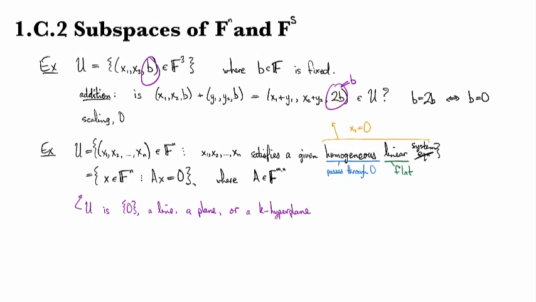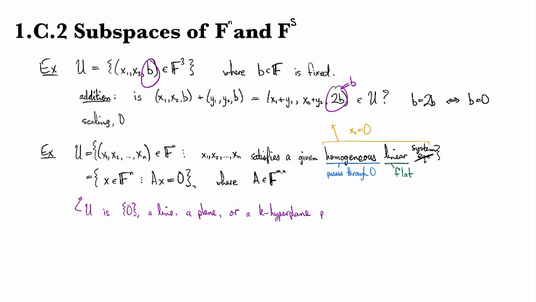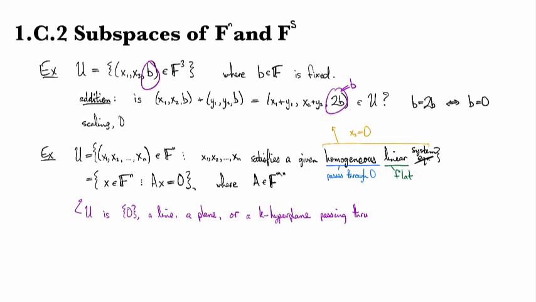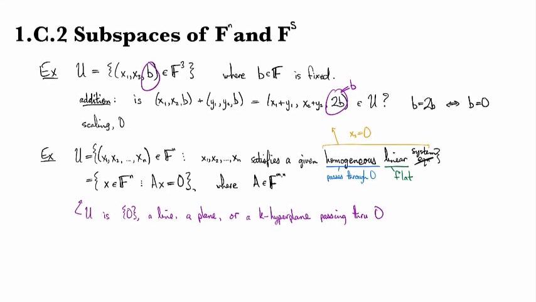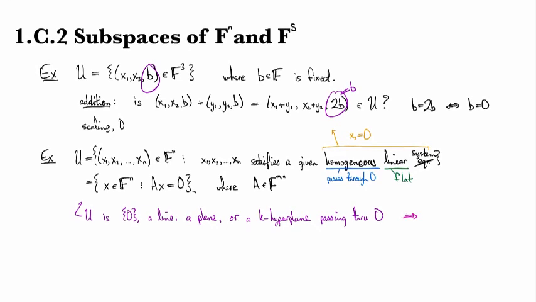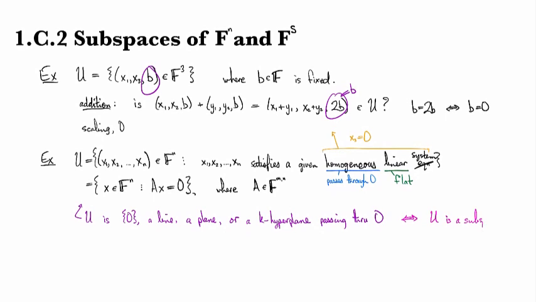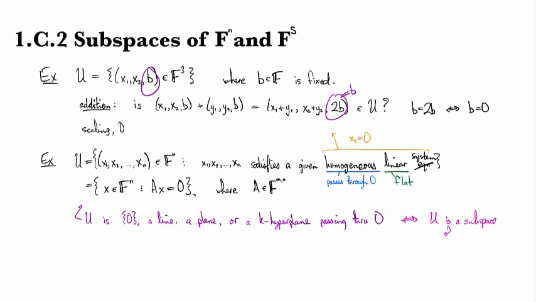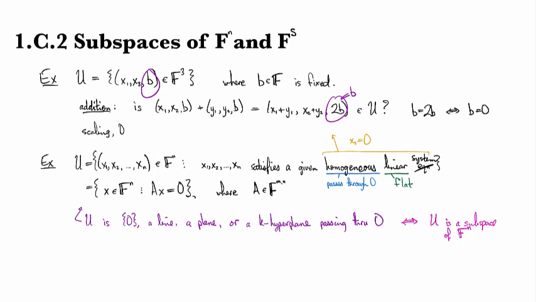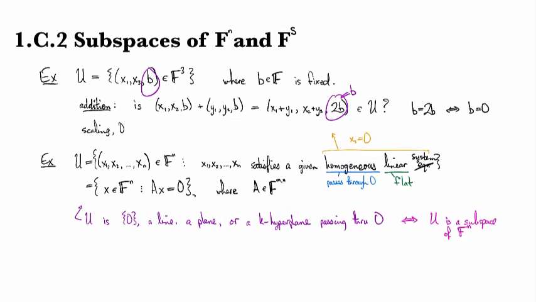The k there represents the number of dimensions or free parameters in that hyperplane. Passing through the origin, and that's actually if and only if it's a subspace. So now we know what all the subspaces of Fn look like. They look like these planes and hyperplanes and stuff like that.